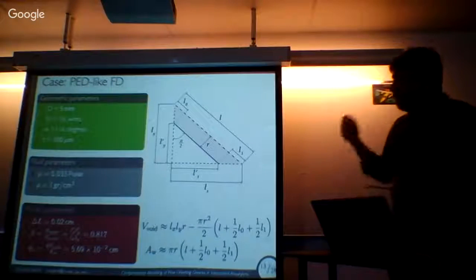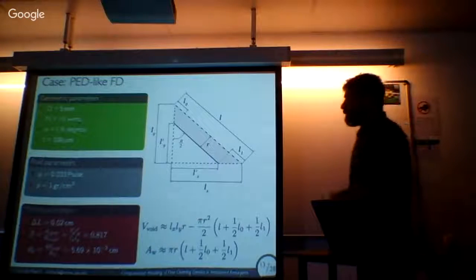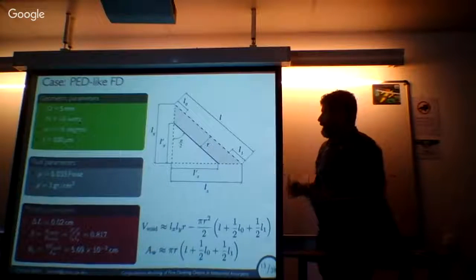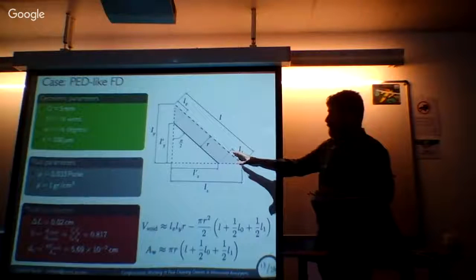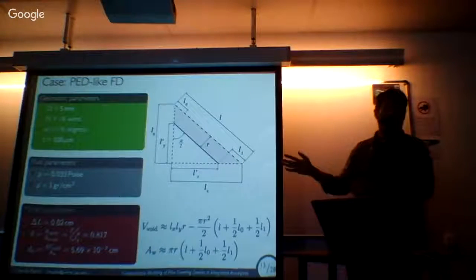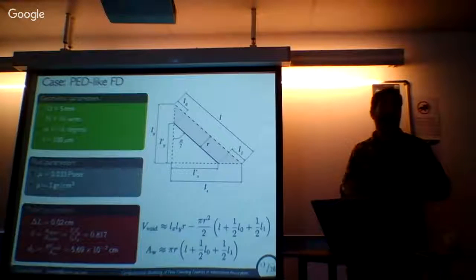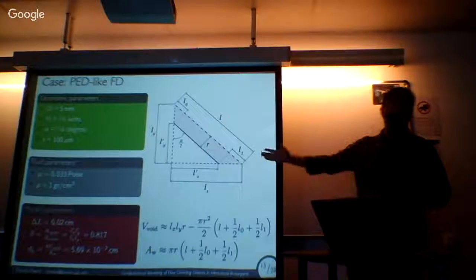I'm going to show just a brief example of which parameters are involved. This is our geometry. This is, by the way, a super simple case that I'm showing here, but we can extrapolate this to more complicated cases. In fact, real stents are much more complicated than this.